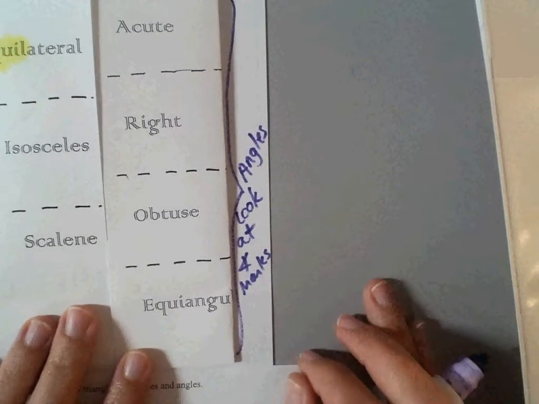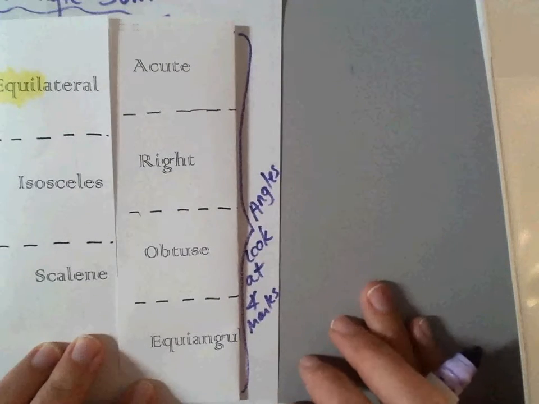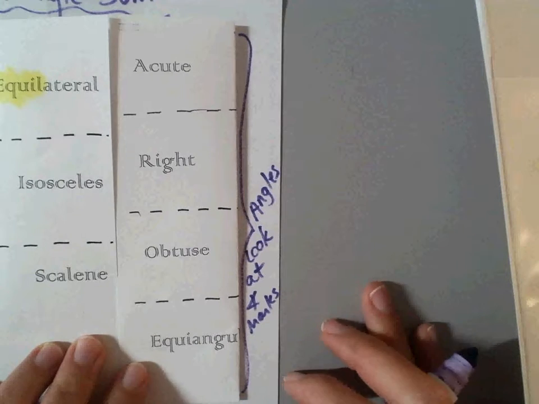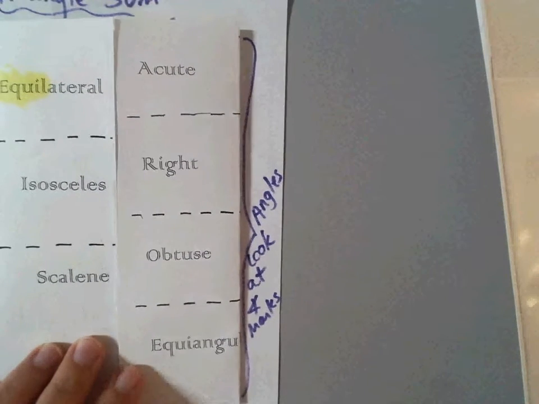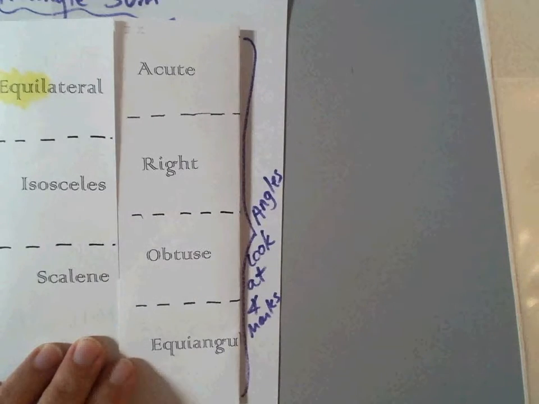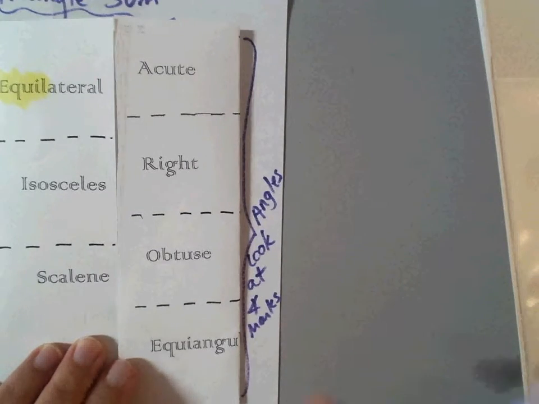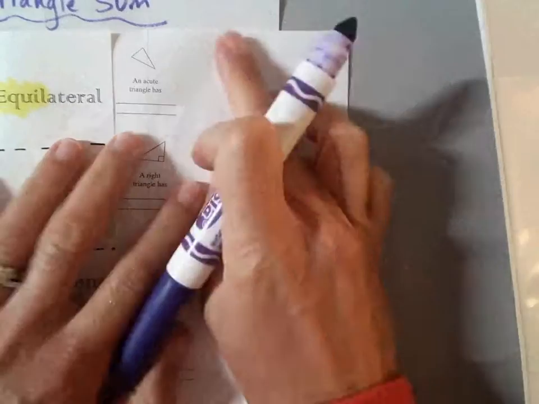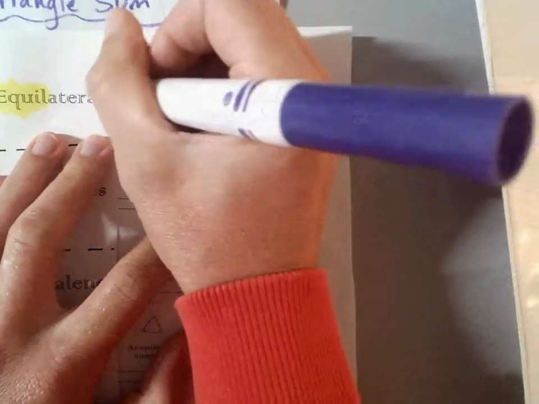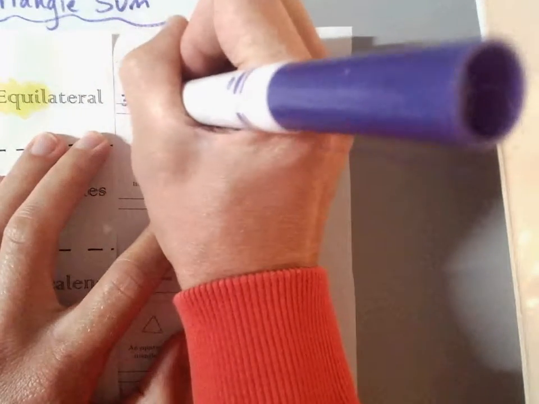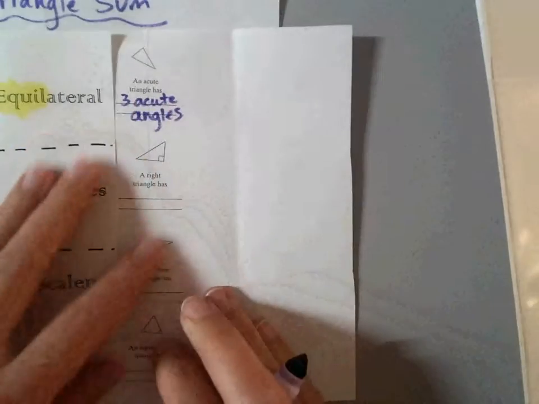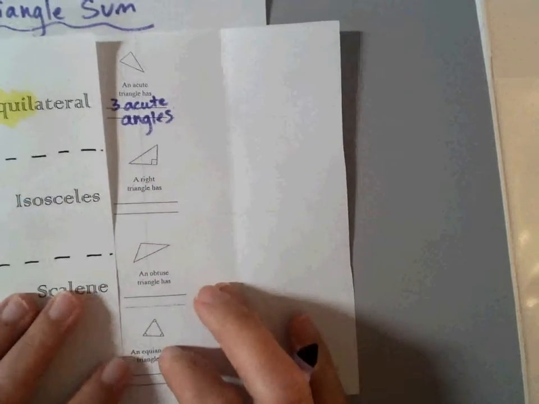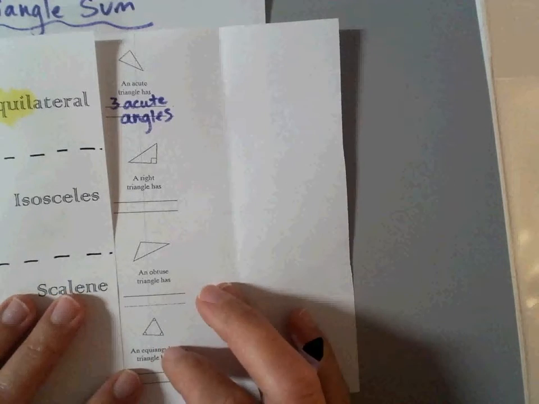Okay, if we call a triangle acute, we already talked about acute meaning from 0 to 90 degrees, right? So if you call a triangle acute, that means all 3 angles are acute. So an acute triangle has 3 acute angles.